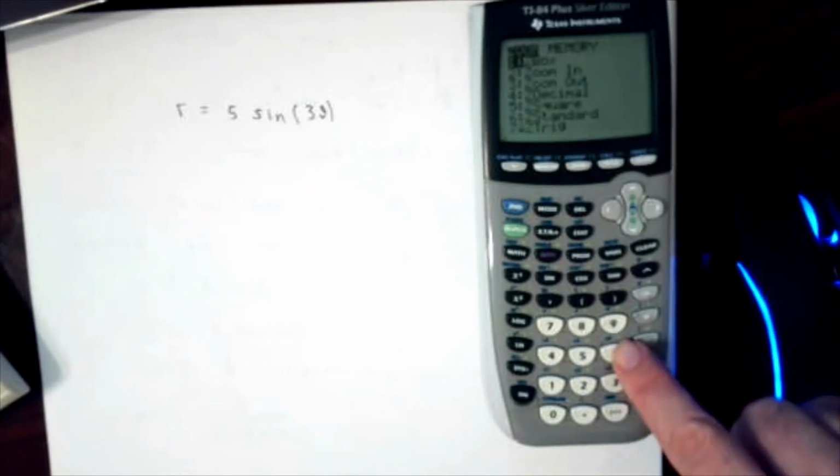Of course, on the other hand, there's a wide variety of graphs in polar that don't have any simple analog in Cartesian. For example, I want to look at r equals 5 times sine of 3 times theta. I've already put the function into my calculator, so I'll put it on the standard viewing window. And then, as usual, I'm going to correct for the screen dimensions.